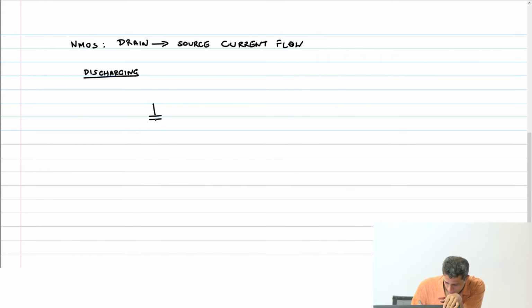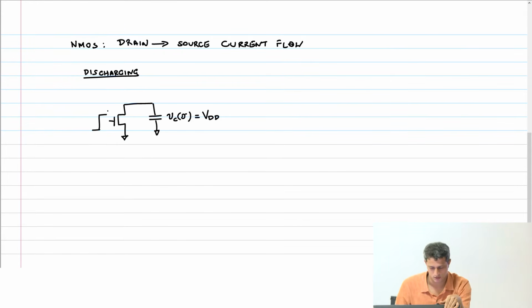Okay, so what do I have here? I have a capacitor which is initially charged to VDD, and then I am going to apply an instantaneous gate voltage to turn on my transistor. We already studied this, but I am just refreshing your memory.